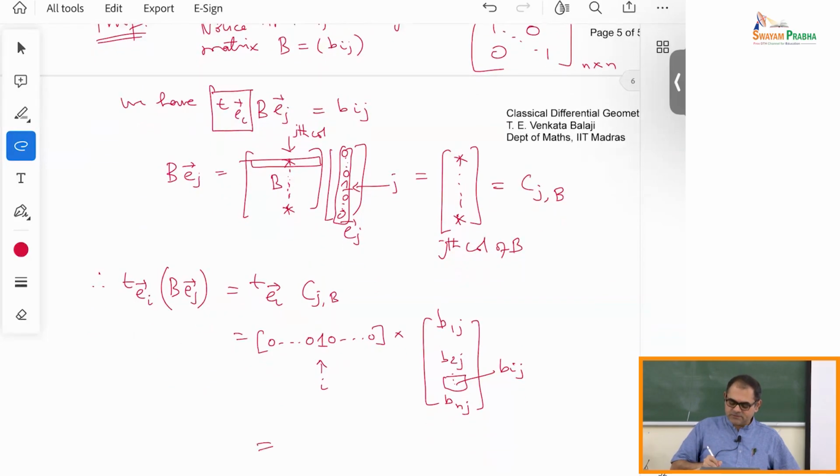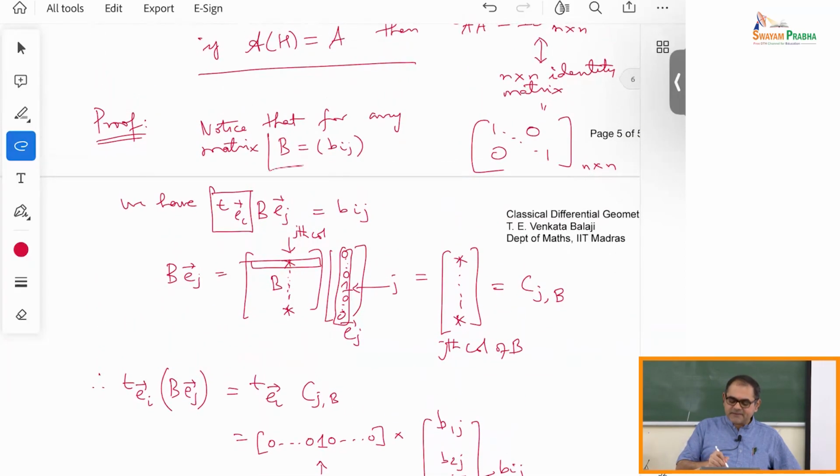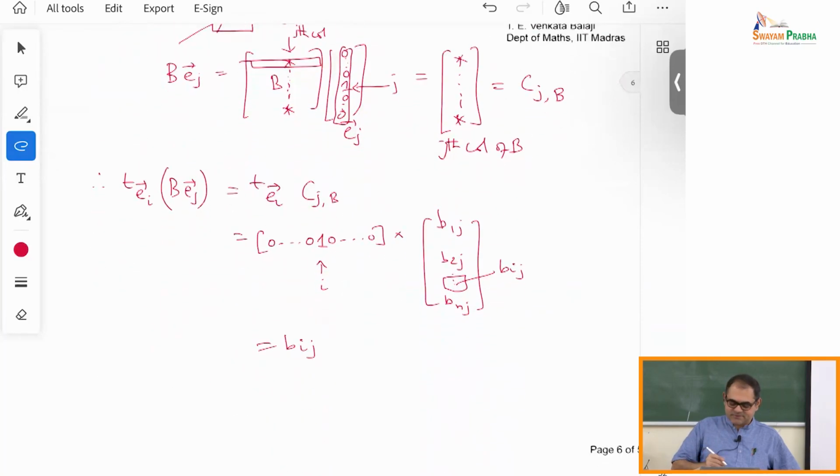When you multiply this, you will simply get Bij. Therefore, the moral of the story is, for any matrix B, if you pre-multiply by transpose Ei and post-multiply by Ej, it will pick out the ijth entry. All right, now just use this.